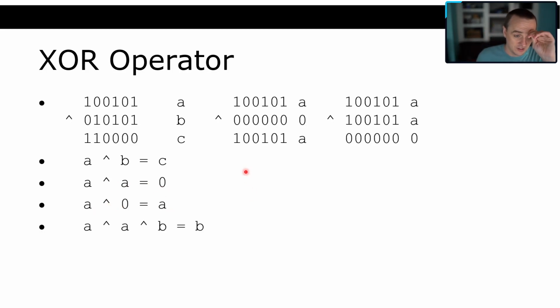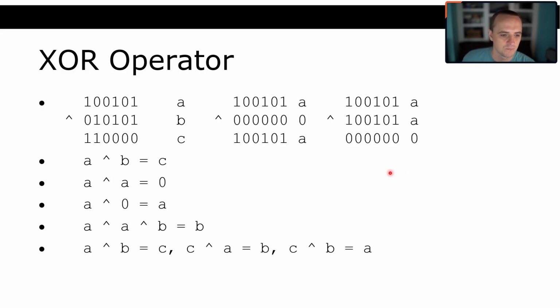So look at this. This means that if we take A and XOR it with itself, then we get 0, and 0 XOR B is going to be B. So we can do some really cool things with the XOR operator. If A XOR B equals C, we can get back to any of those values by XORing with any of the others, okay?